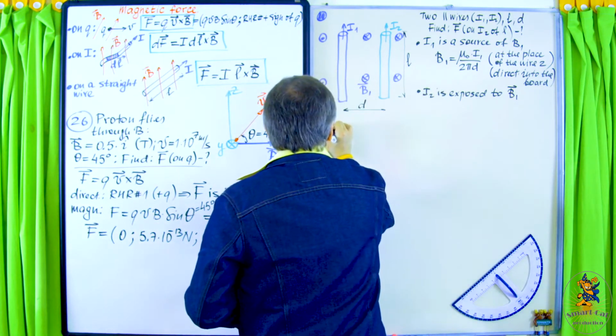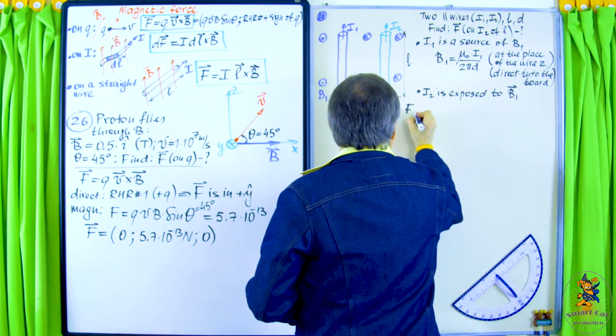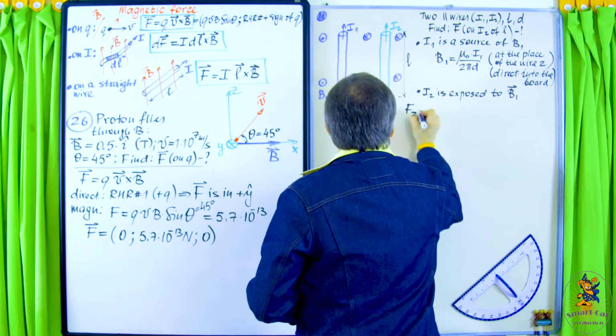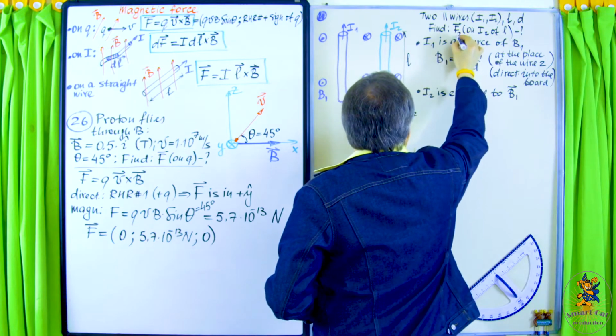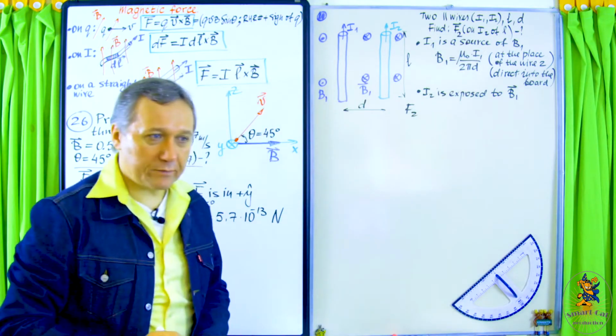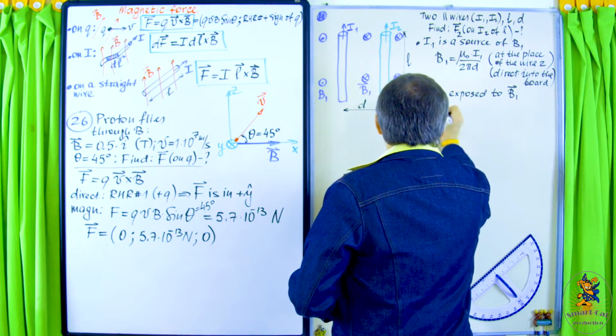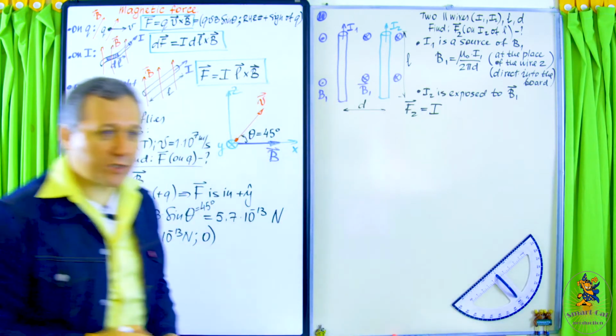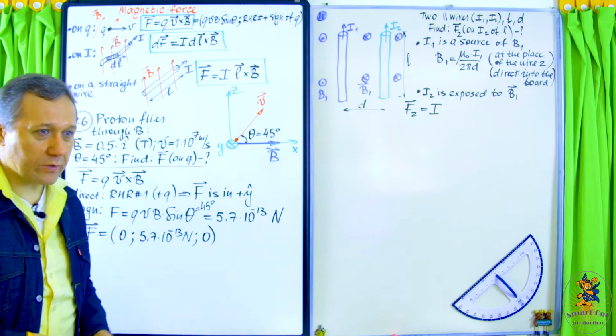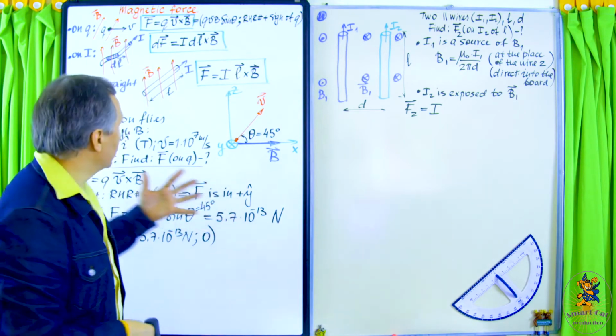Let me write underneath. So as a result, F. I will write F2 since it's the force on the second wire. So it will be I. Which subscript do we have to use? I see sometimes a mess at this point.